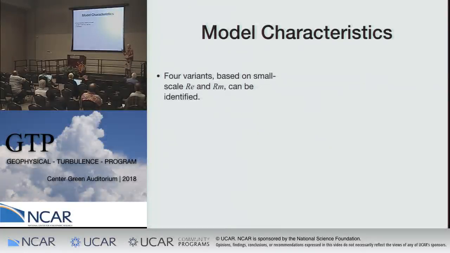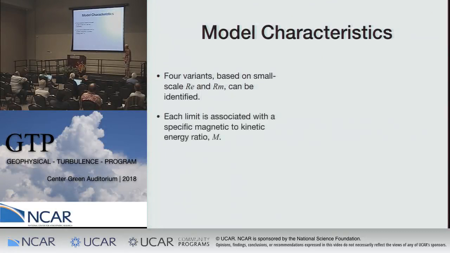So these are Reynolds numbers based on that small Ekman to the 1/3 length scale. Turns out in the asymptotics, these are the parameters that characterize the relative sizes of various terms in the governing equations. Each of these 4 different limits that you can consider is associated with a specific magnetic to kinetic energy ratio, M. So even before you actually solve the governing equations, you're able to predict something about the flow. So you get some theoretical advantage by doing this.